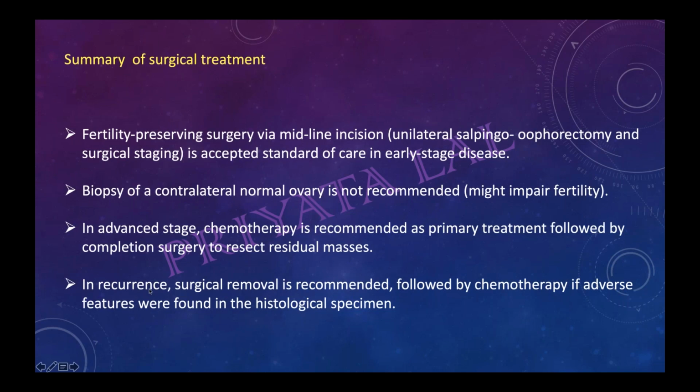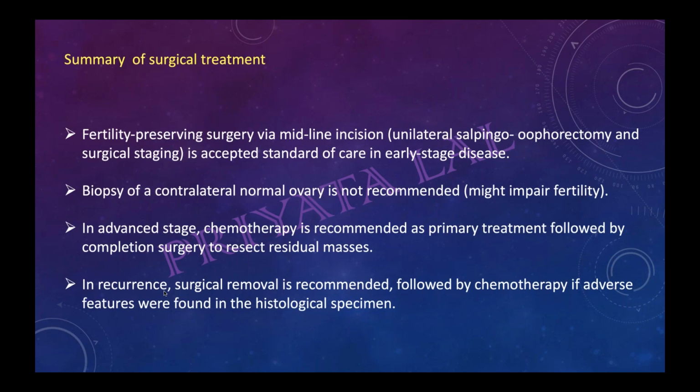Another important thing to remember: even if the surgery has been done and the tumor has been removed completely, they have a very high probability of recurrence, usually called growing teratoma syndrome. In that condition, if recurrence occurs, it has to be removed surgically, and after that chemo is given.